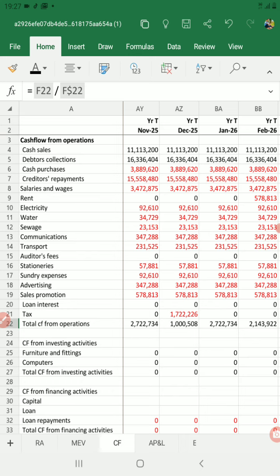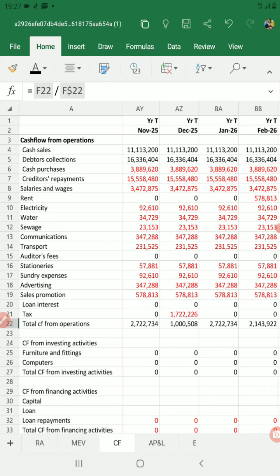It's not accompanied by an income statement, balance sheet, and because it's not accompanied by an income statement and balance sheet, then you cannot even have the ratio analysis there.